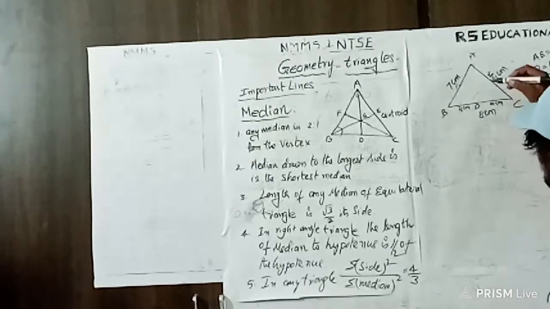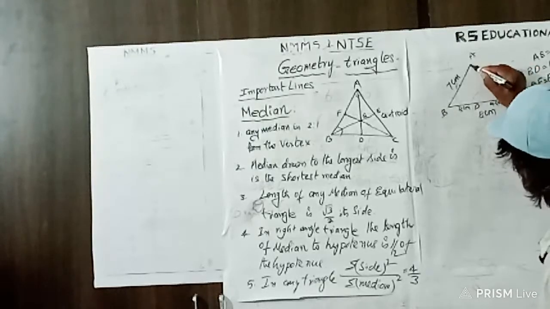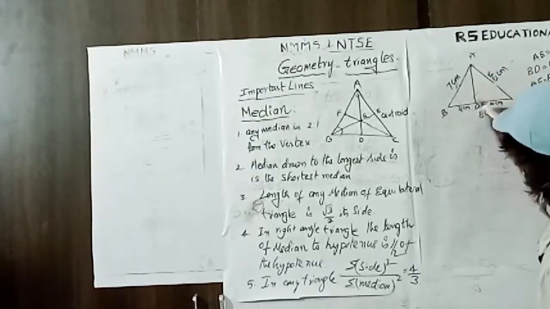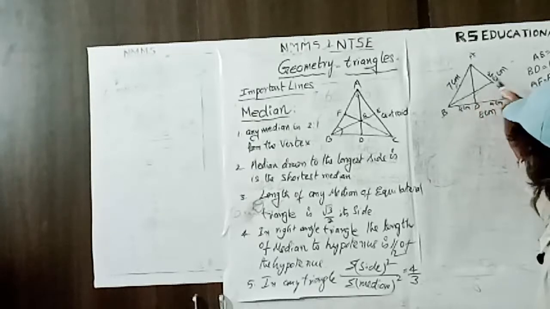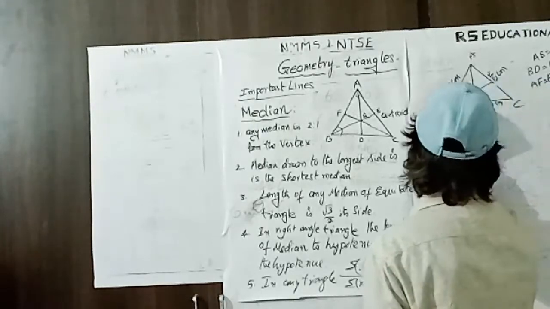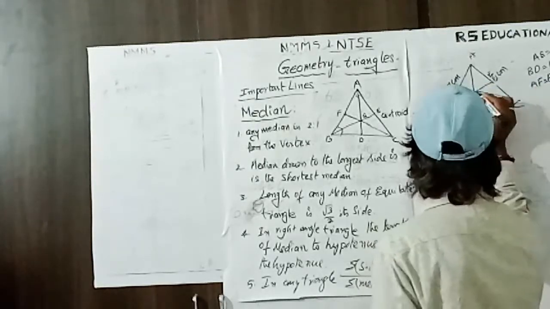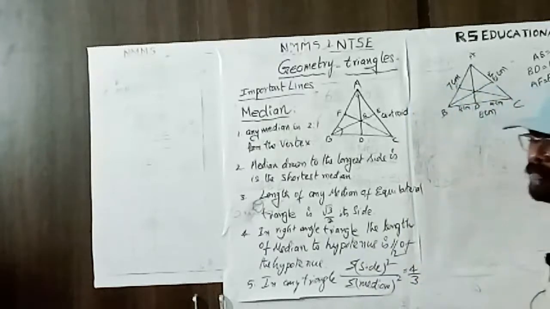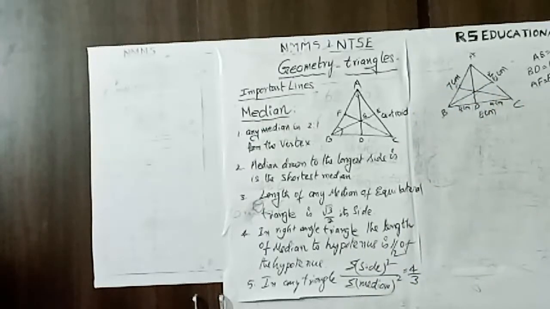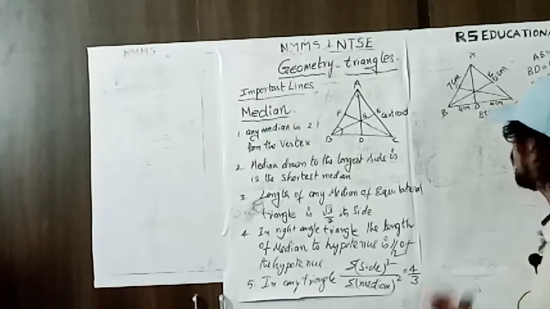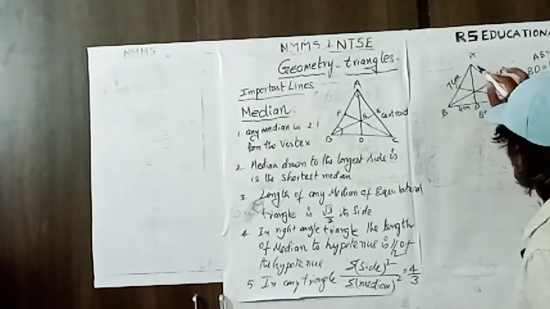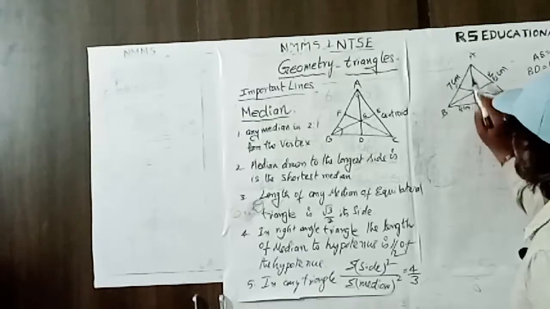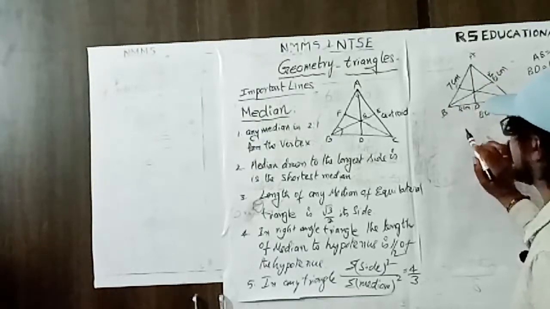If you join these three points to the opposite vertices like this, then we get a point of intersection of these three lines. And then this line AD is called the median to BC.